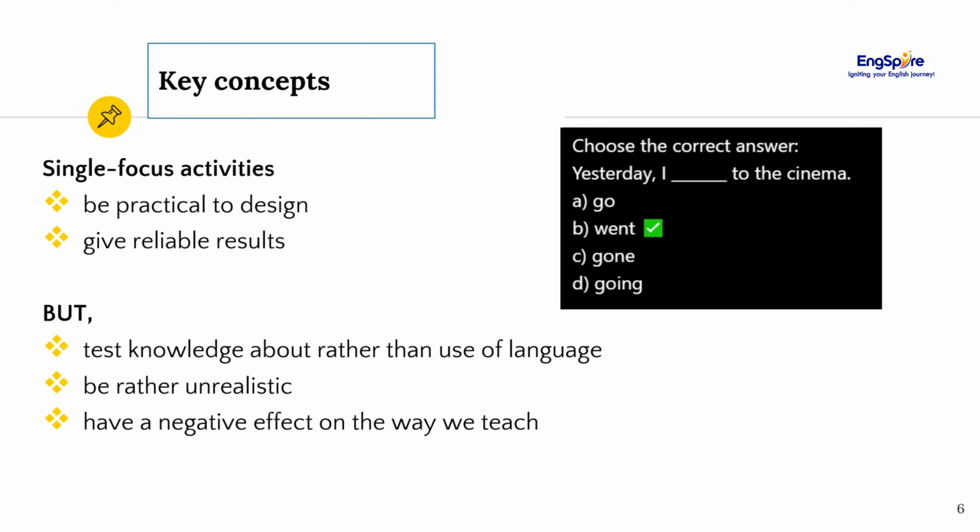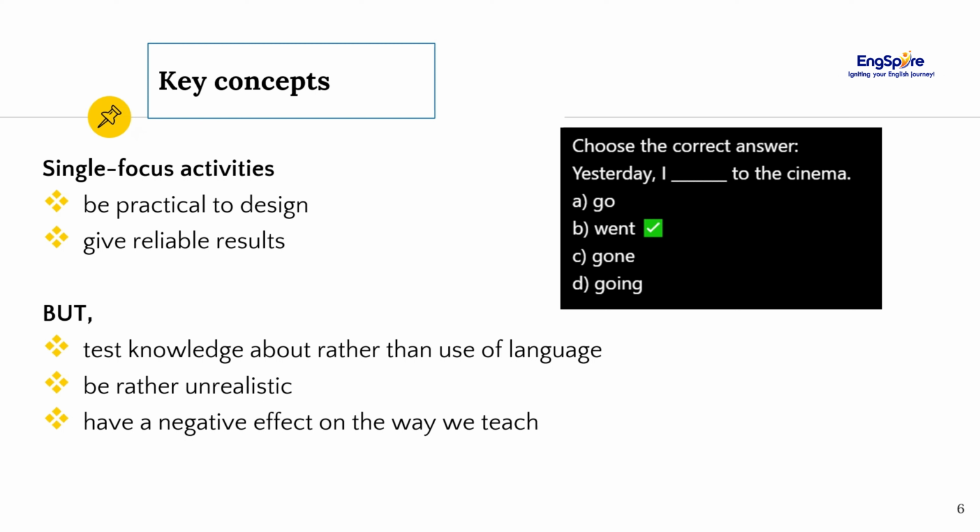Imagine a teacher wants to teach the past simple tense using a single focus test, as can be seen on the slide. The learner can choose the correct answer, so the teacher might think that the learner understands the form. However, in real life, the learner may still struggle to use the past tense in communication.